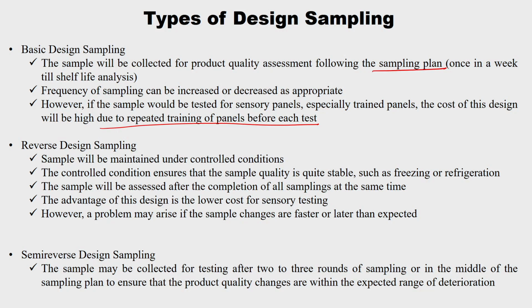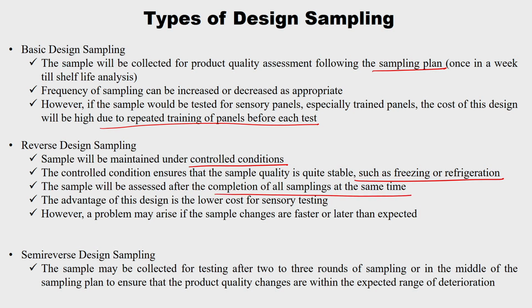In reverse design sampling, the sample will be maintained under controlled conditions, and this also goes as per the sampling plan. The controlled condition ensures that the sample quality is quite stable, such as freezing or refrigeration. Because the condition is maintained, the samples will be accessed after the completion of all samplings at the same time.